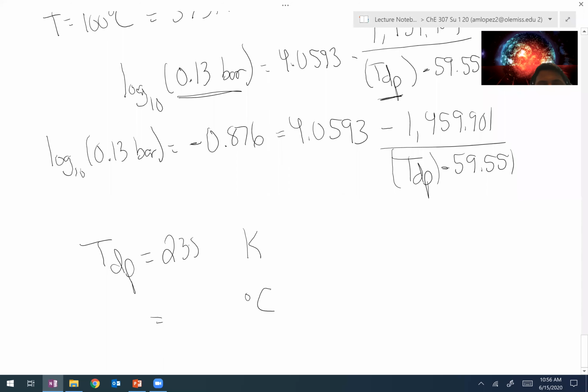So 235.7. So 235.7 Kelvin is negative 37.3 degrees Celsius.